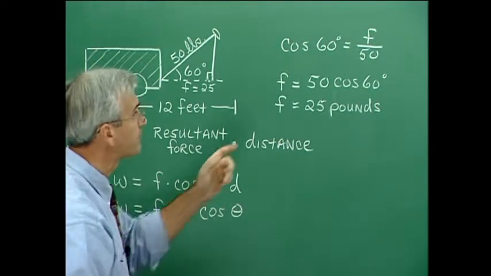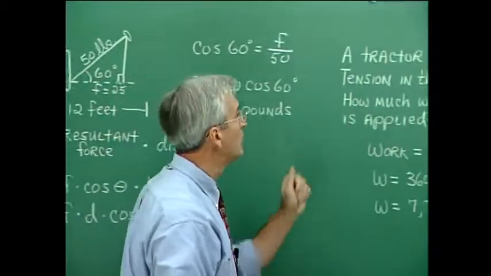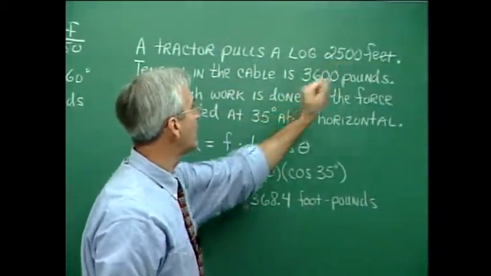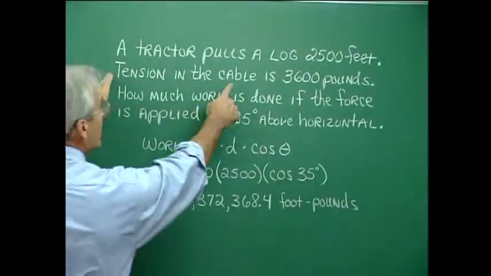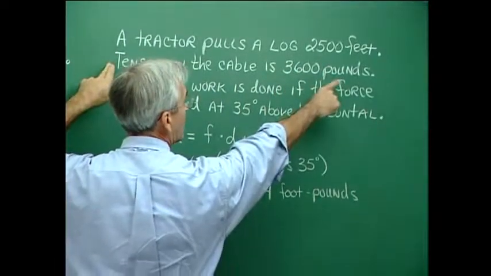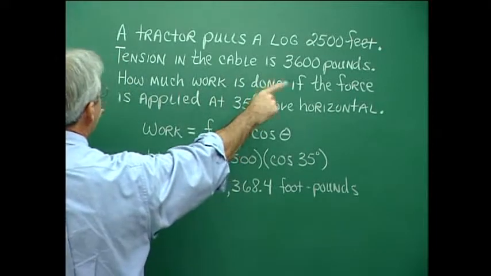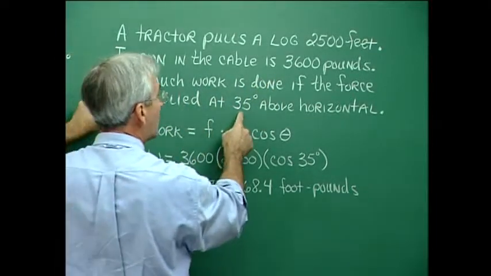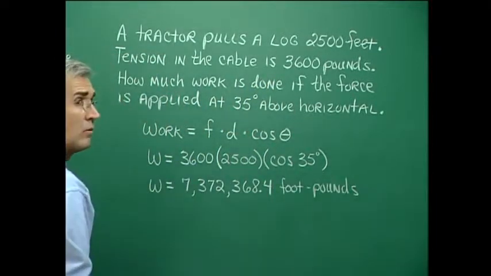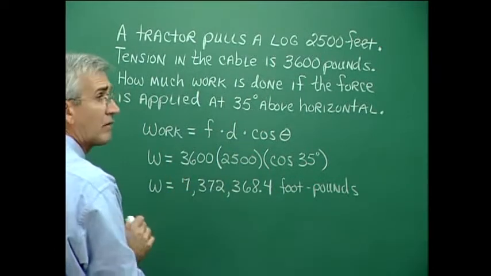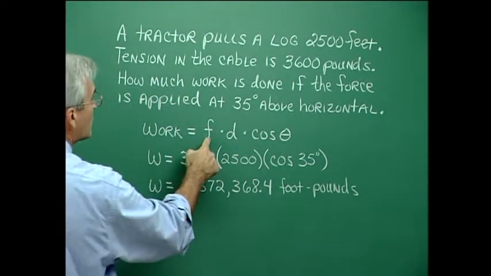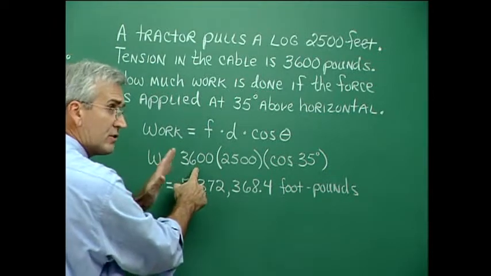Consider this problem. A tractor pulls a log 2,500 feet. Tension in the cable is 3,600 pounds. That's the force. How much work is done if the force is applied at 35 degrees above horizontal? Well, we just apply the different information from our problem. We have a force of 3,600 pounds, that's the tension in the cable.